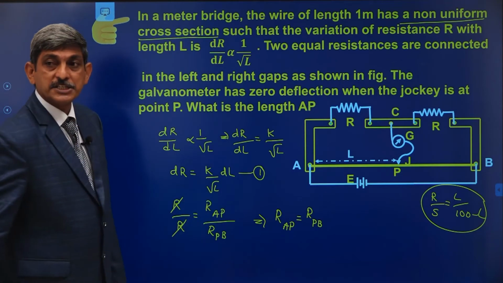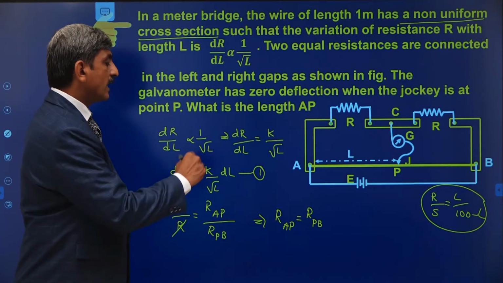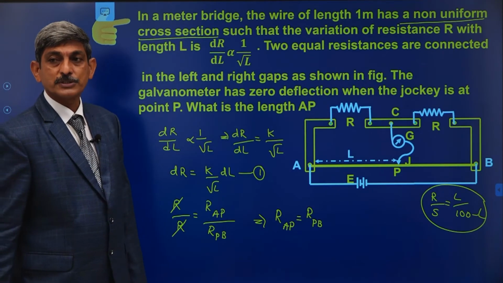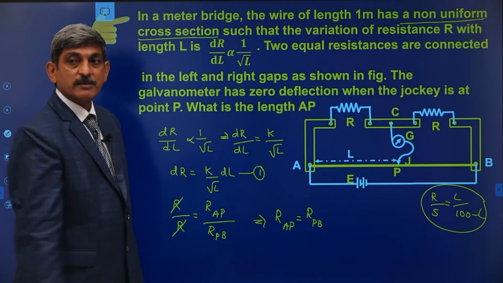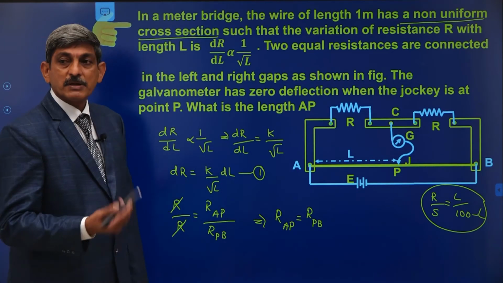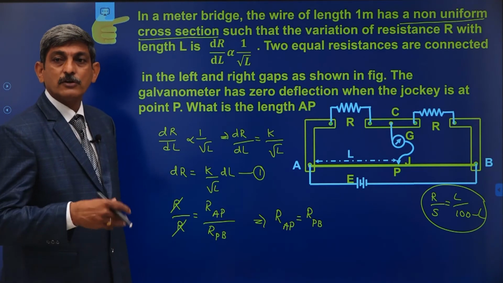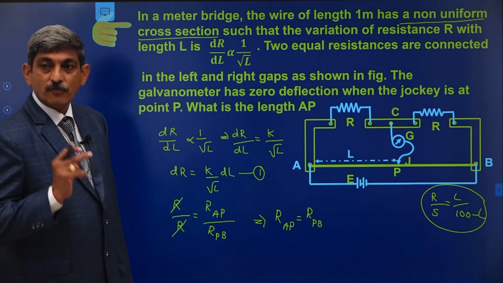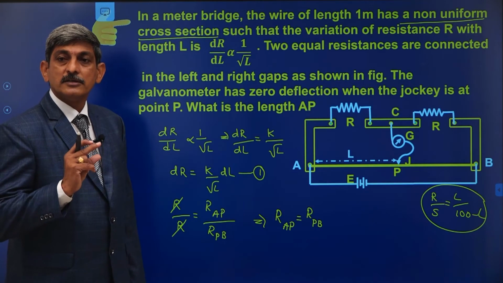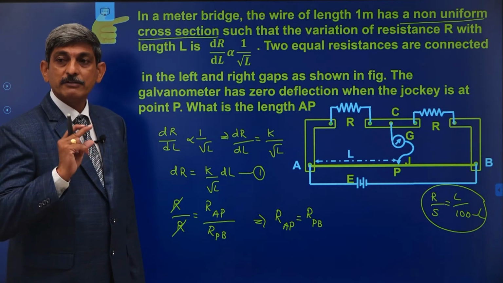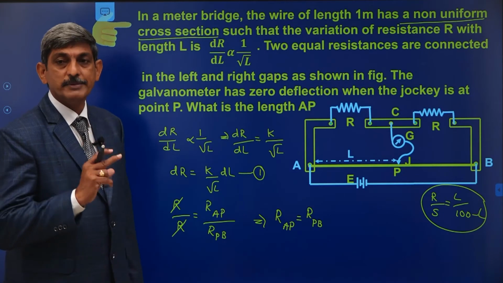Now how to get the resistance of the AP portion and the resistance of the PB portion? That can be determined by using the concept of integration. We know the dR value, from that we have to obtain the resistance value. For that we have to choose the integration between suitable limits.